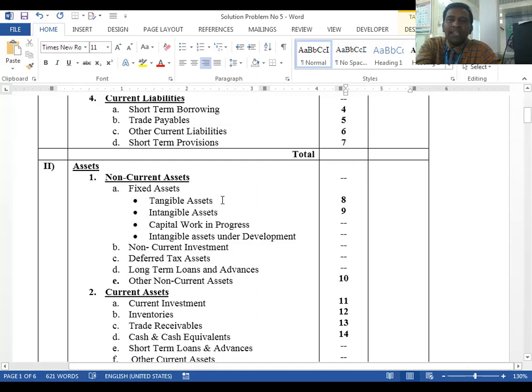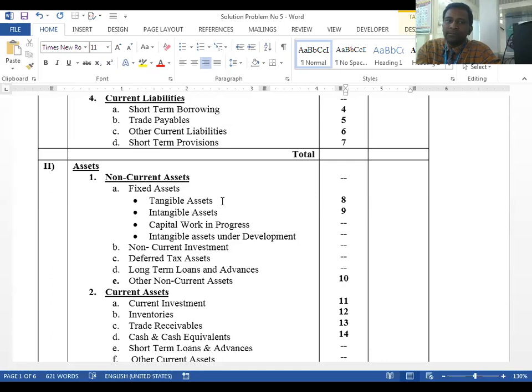But again, we need to classify such assets into tangible asset and intangible asset. So land and building, plant and machinery, furniture, motor car, all these assets are tangible assets. And what is intangible asset?